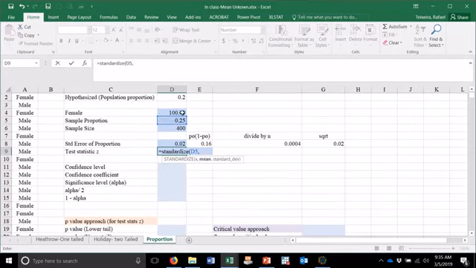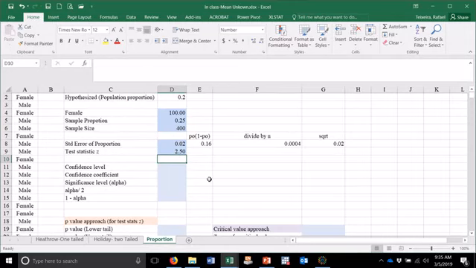Considering a mean, this mean is the hypothesized proportion. And then type comma. And then you have to come up with the standard deviation, which is the standard error of proportion. You enter these three pieces of information, close parenthesis, type enter, and then you have the test statistic, which is the z, 2.5.